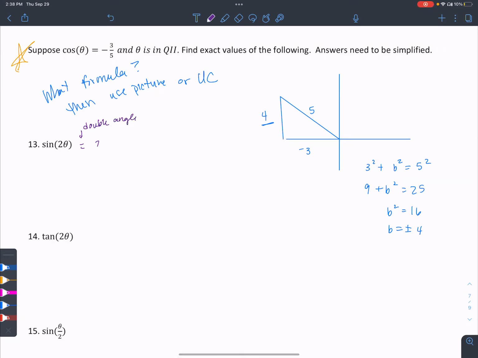So we are going to write down 2 sine theta, cosine theta, and then we're going to use our picture. What is the sine of theta? It is 4/5. What is cosine of theta? -3/5. And then multiply straight across, that's -24/25.